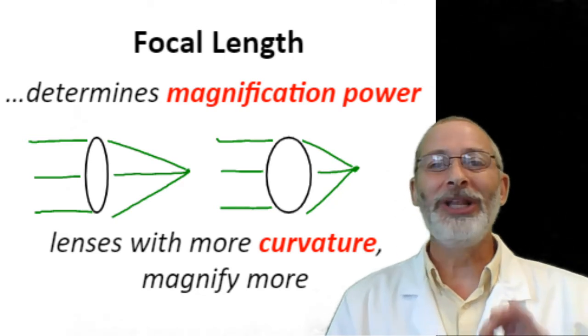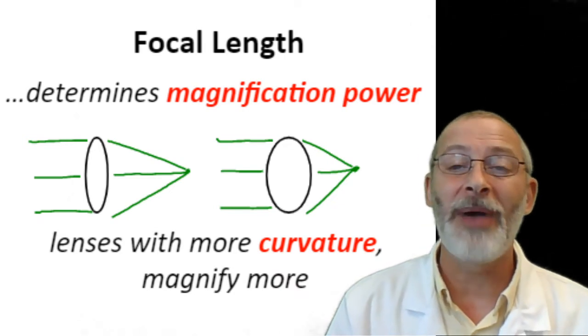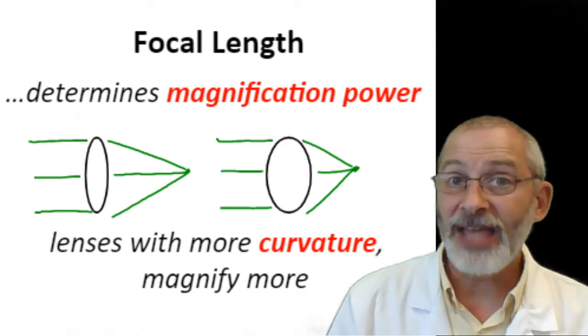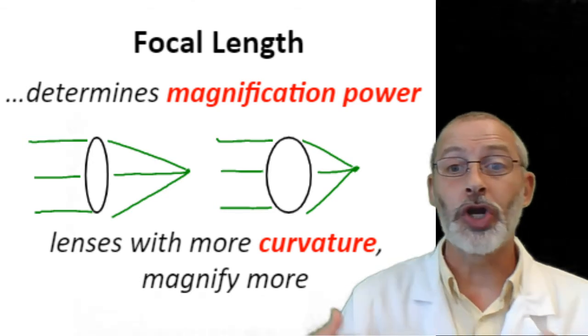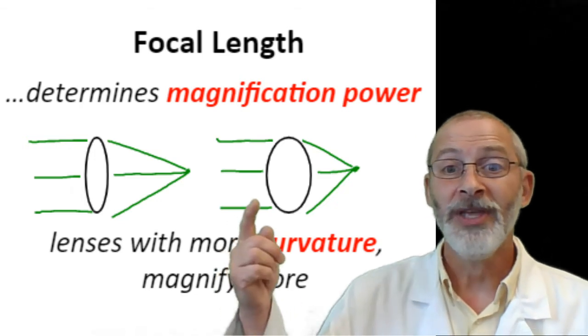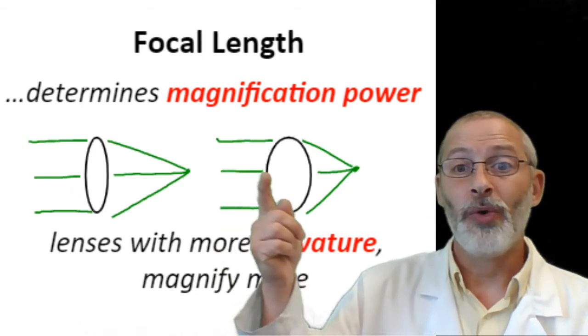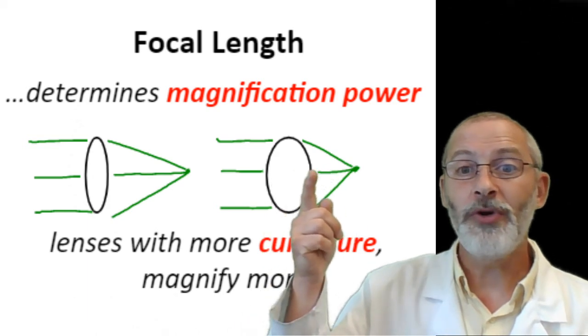The focal length is what determines the magnification power of a lens, of a microscope. And it's the actual curvature that determines the focal length. The fatter or the thicker the lens, the shorter the focal length.